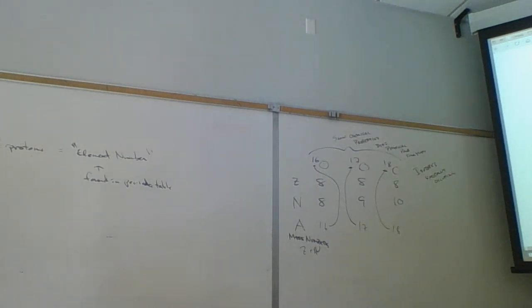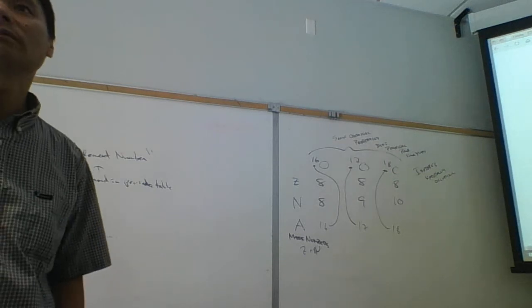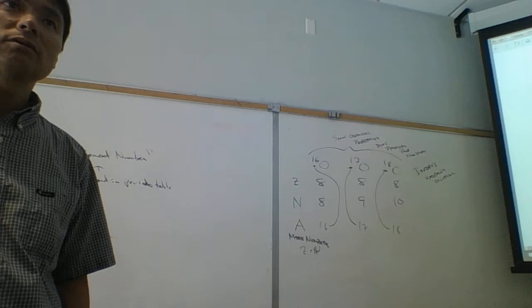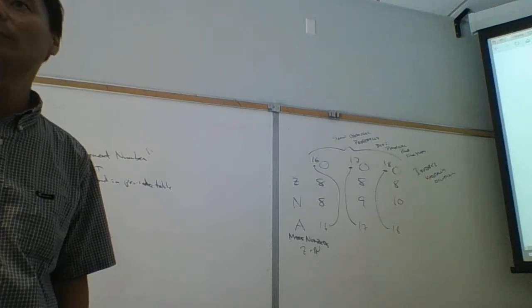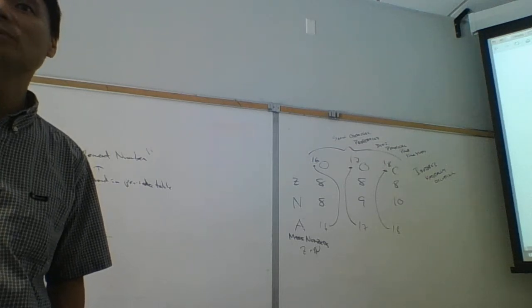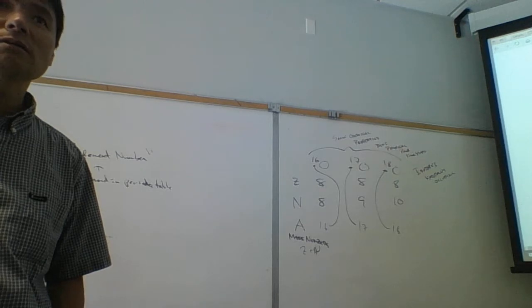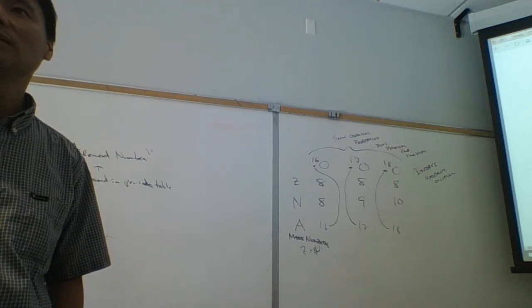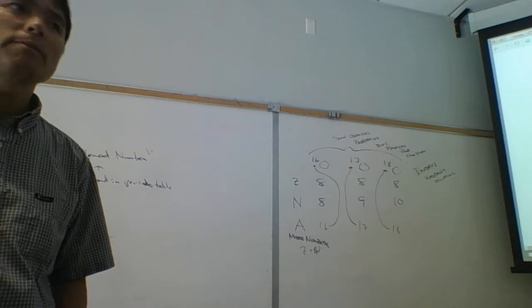How many different fluorine atoms are there? You know, oxygen and fluorine are right next to each other, so you might try to look for patterns. Like, for example, oxygen has 3, maybe fluorine has 4, or maybe fluorine has 2. It would be nice if there's some simple pattern that we could memorize, that we could use to predict how many isotopes there are. But do you know how many isotopes fluorine has? 1. There's only 1.